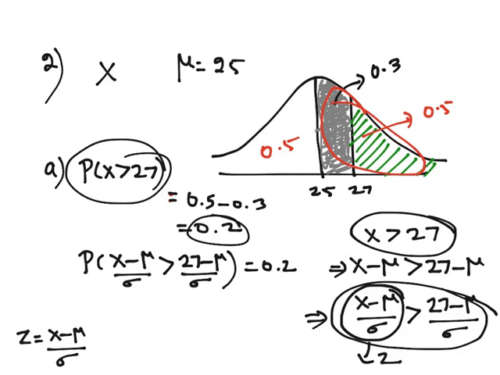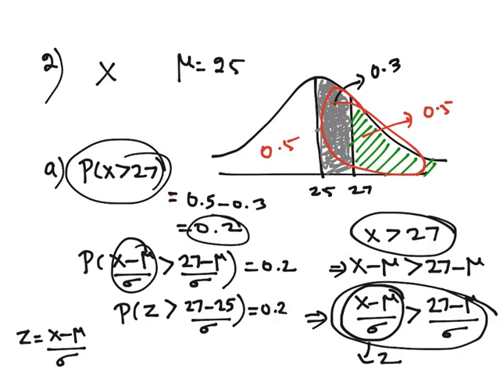So basically I can write it as P of z more than 27 minus mu by sigma, that means 27 minus 25 by sigma, is 0.2. That means P of z more than 2 by sigma equals 0.2. Now from this I will find the sigma.